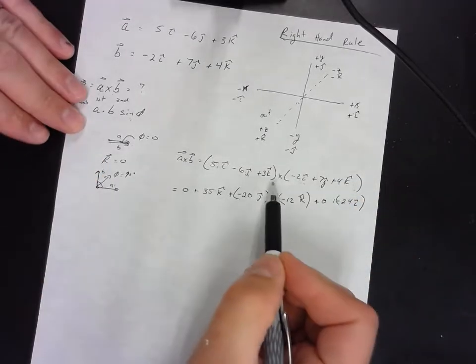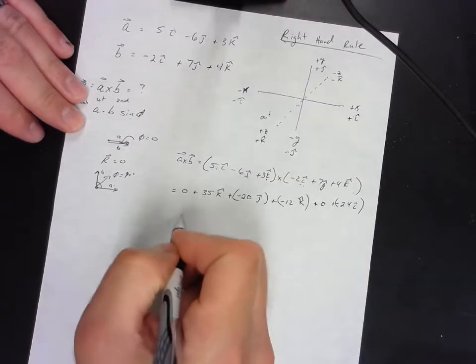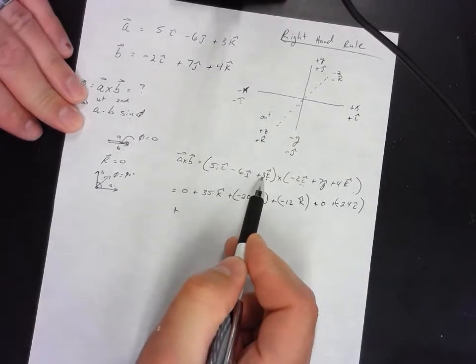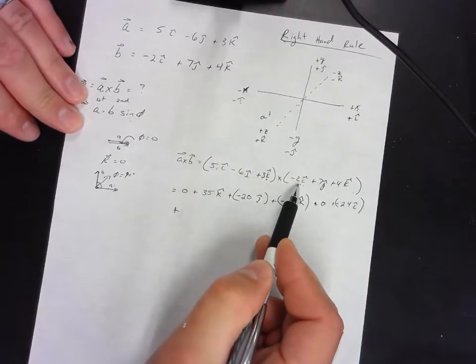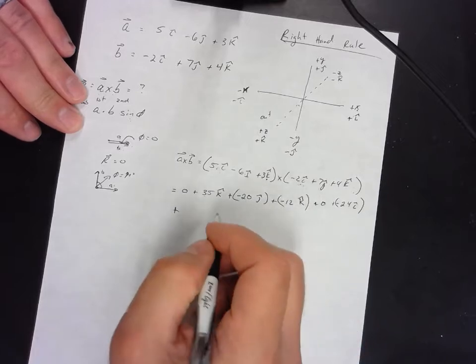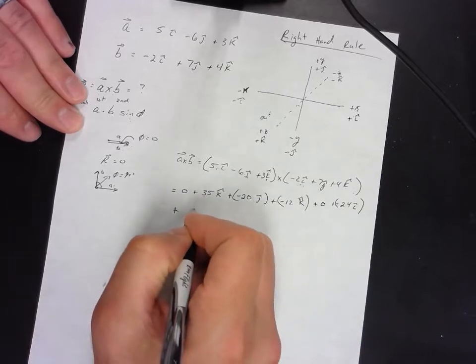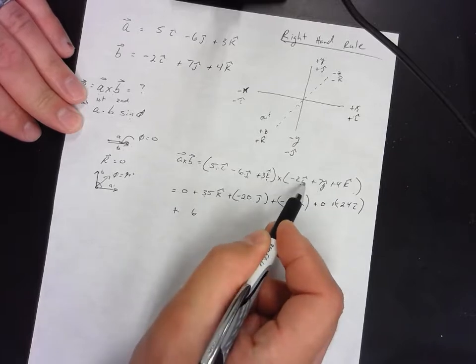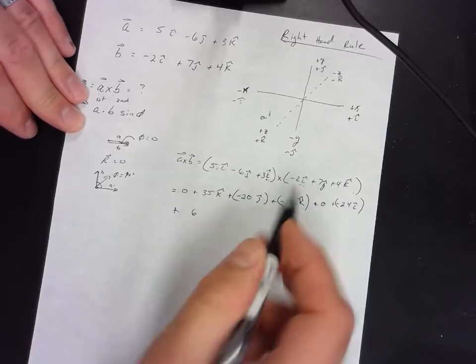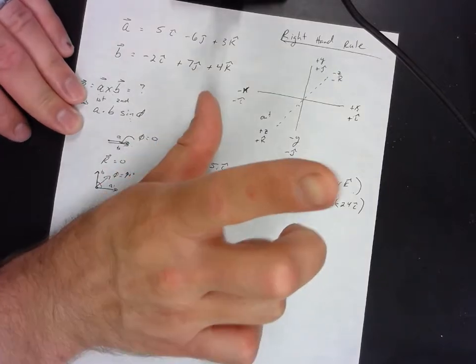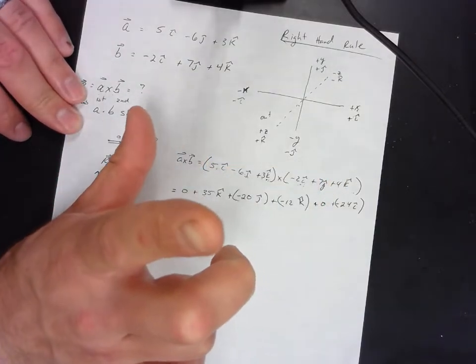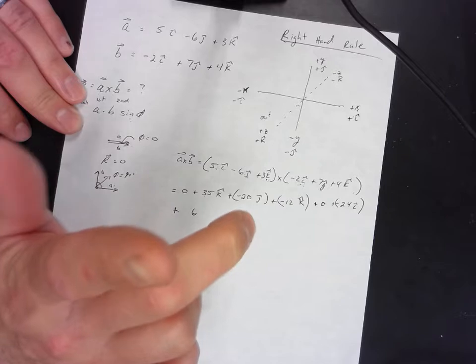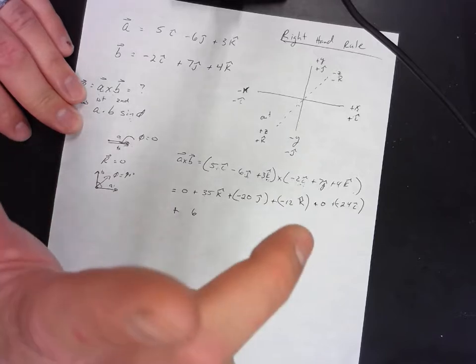All right, now we just have our last one, the cross. I'm going to continue down here. So we have 3K times negative 2I. The 3 times the 2 is 6. And we have K cross negative I. So this is the first vector, so I have to point my finger at the K, and then my second finger at negative I, right?